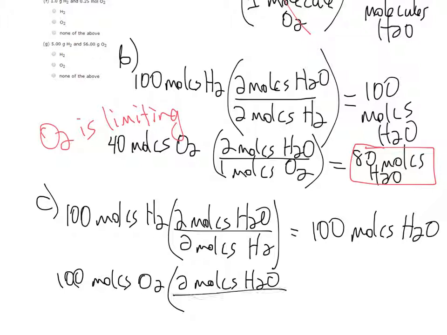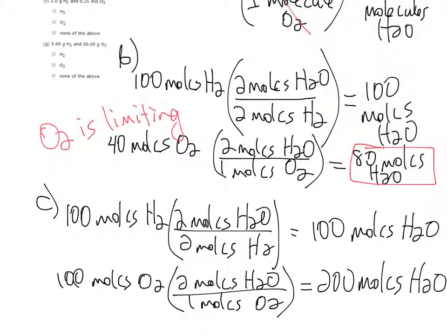If all 100 molecules of O2 react, this time 100 times 2 divided by 1 gives you 200 molecules of water. It's kind of like these problems are twice as much work as a normal problem, because you have to solve it twice.